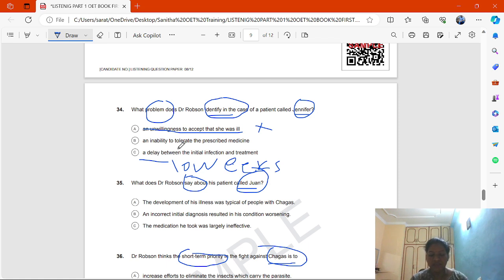So, for information, Jennifer took benznidazole and didn't react badly. That is saying there was a delay between the initial infection and the treatment. So that's the reason option C is the correct answer.